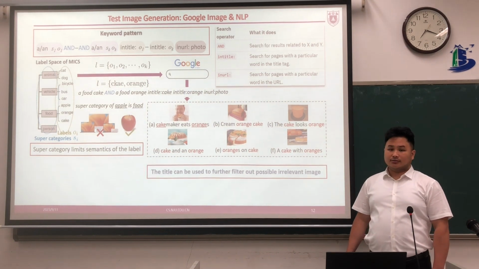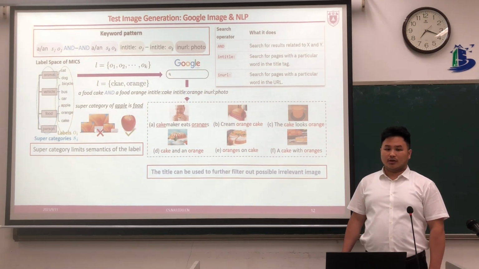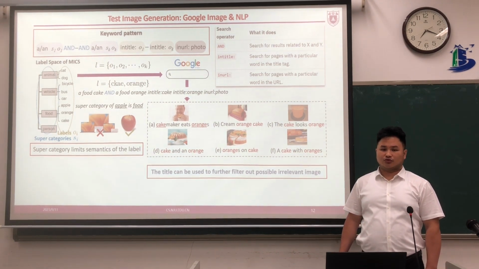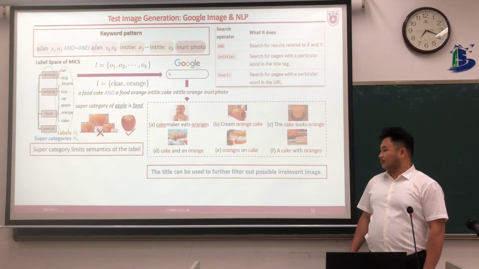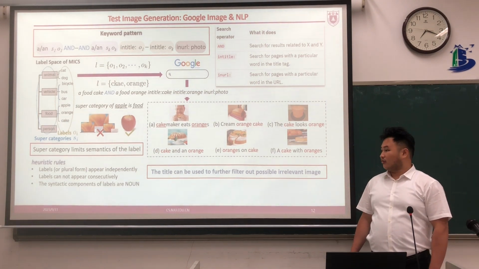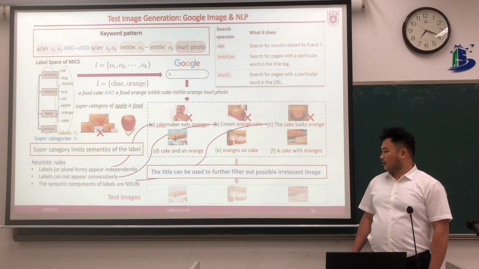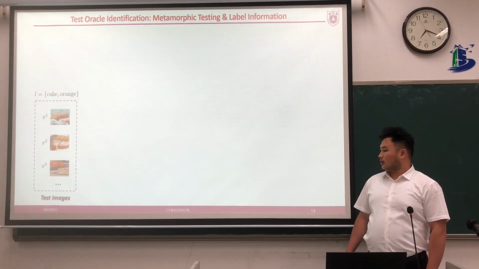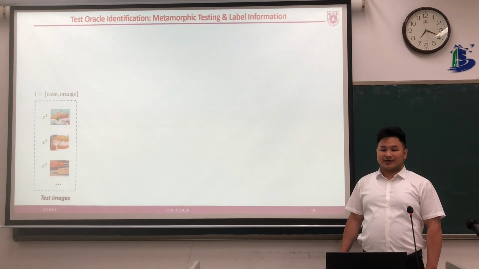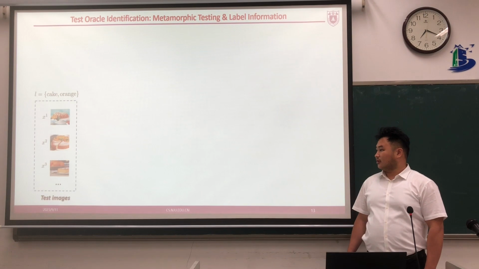The title usually describes the content of the image so that it can be used to filter out possible irrelevant images. Specifically, we propose some heuristic rules to help us determine the final test images.